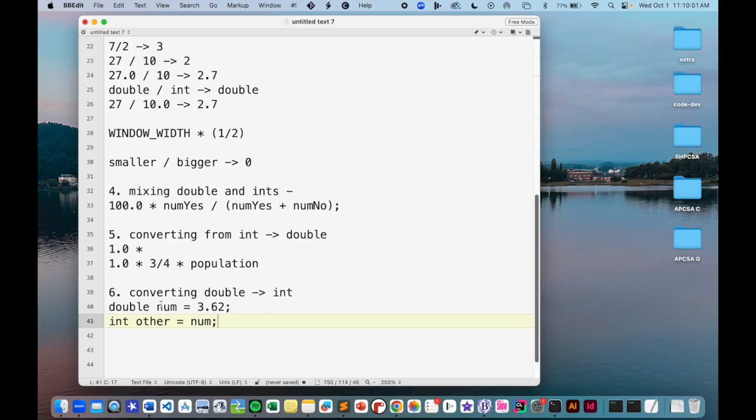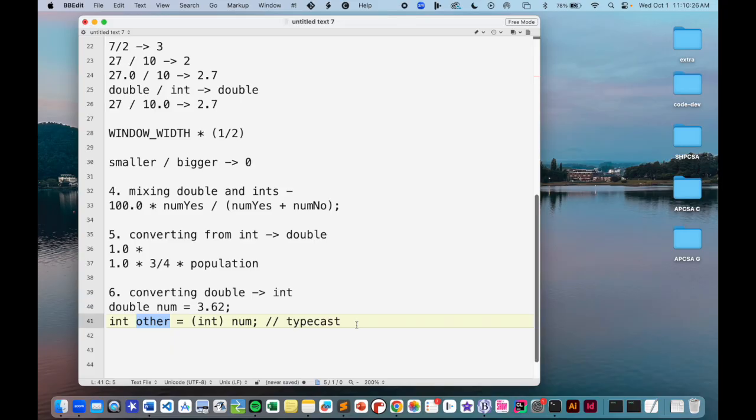I can't say that because num is a double. Java will actually complain about this. But we have seen before in this class how I can force this into an int. It's actually like this. And this is that fancy thing that's called a typecast. What I'm basically doing is taking my double, throwing away the decimal, and saying, hey, now you're an int. So other will actually now be 3.